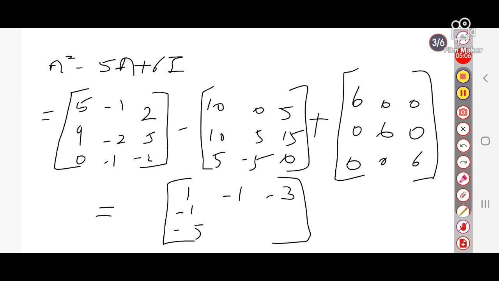Similarly, minus 1 plus 5 is 4. Minus 2 minus 2 plus 6 is again 4. This gives you minus 10. This gives you minus 1. So this is the value of A squared minus 5A plus 6I that has been asked in the question to find, right? So the 15th sum is over.